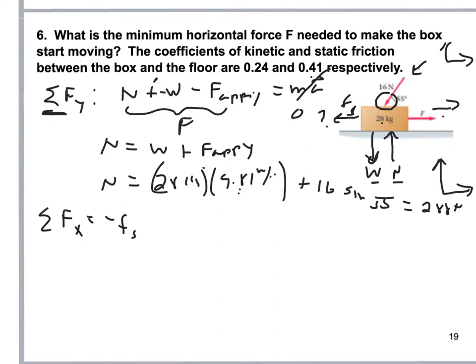Then we have the x component of this force up here, and this is going to be our applied force too. It has an x component, and it's also in the negative direction there too, again because that arrow is pointing in the negative. And that's going to be our cosine 55.